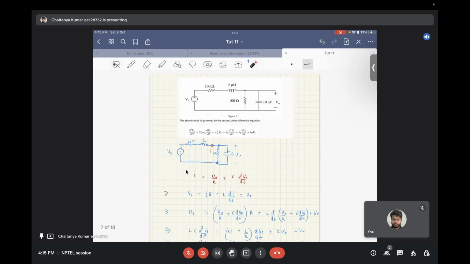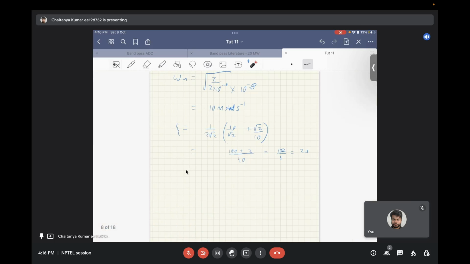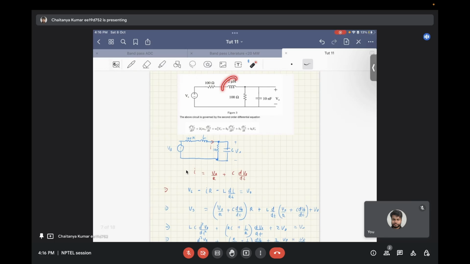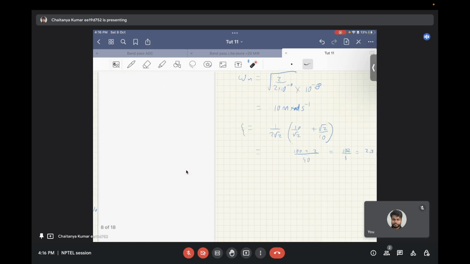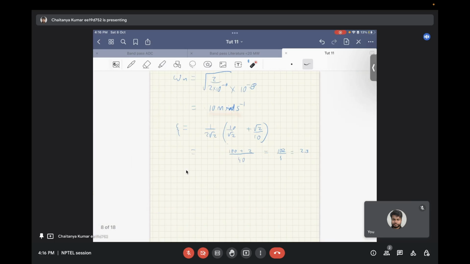Now to find the numerical values, the values of the resistor, inductor and capacitor are given. So you can substitute these numerical values in the equation. The value of inductance is given as 2 microhenry. So this comes out to be 2 upon 2 microhenry into 10 nanofarad of capacitor, and that gives you 10 megaradian per second.